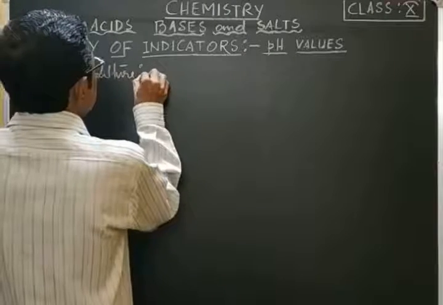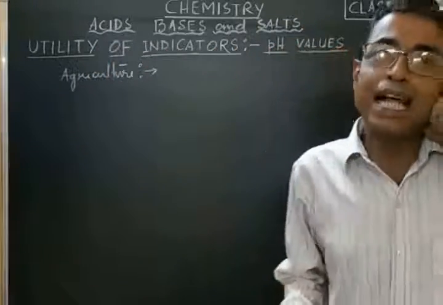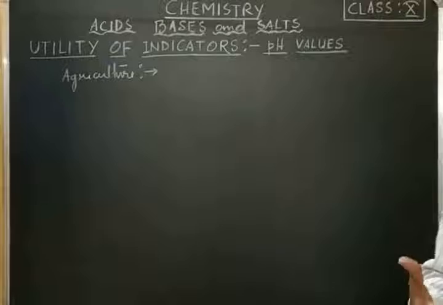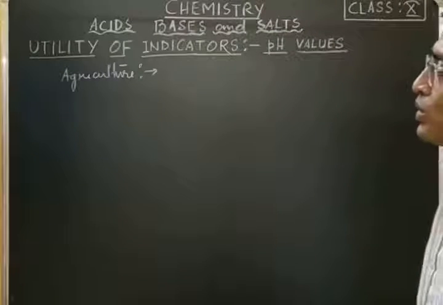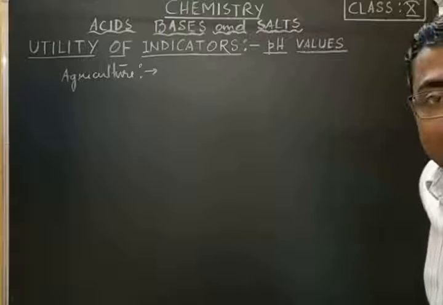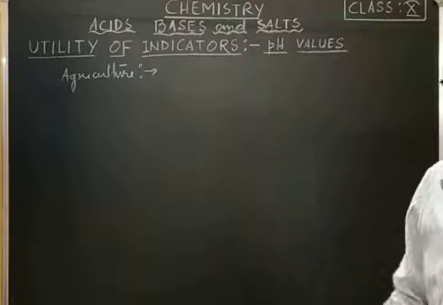Because of acid rain, the acidity of the soil increases. So in order to make the soil neutral, we add some base to that soil.